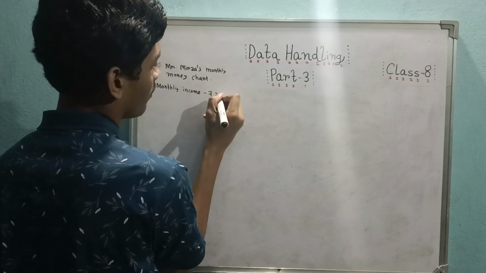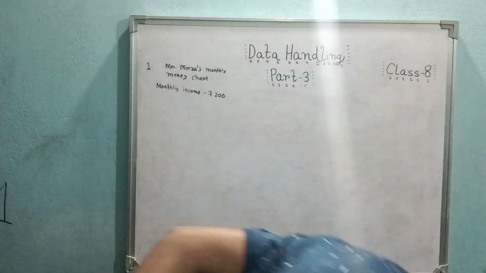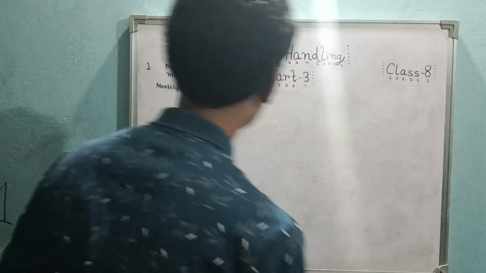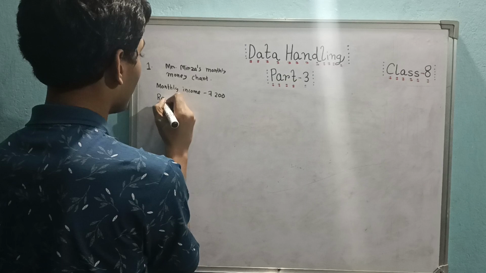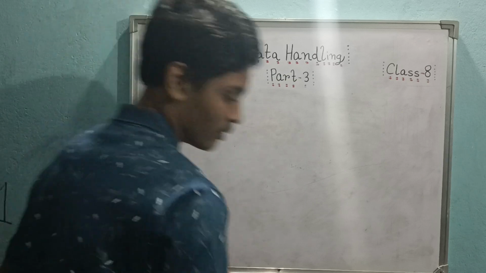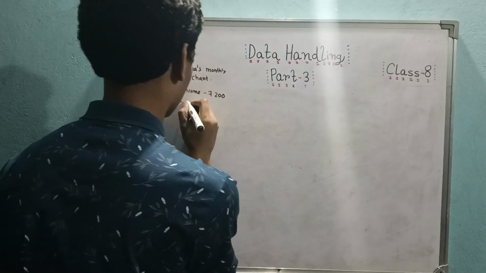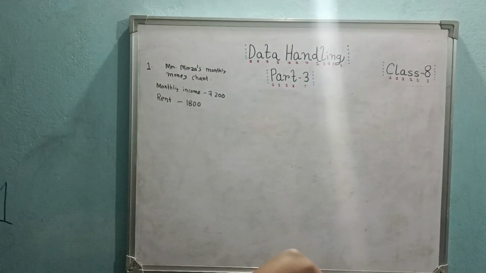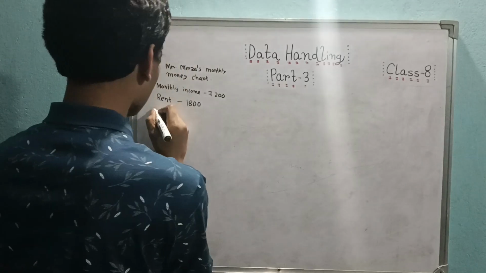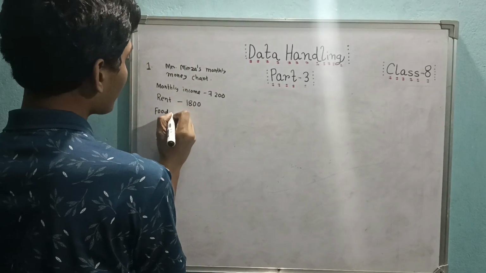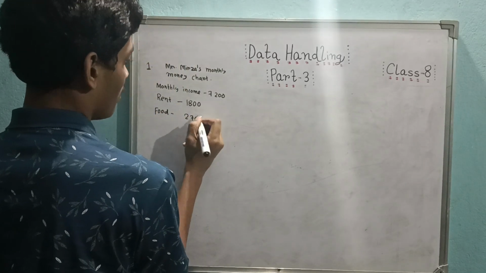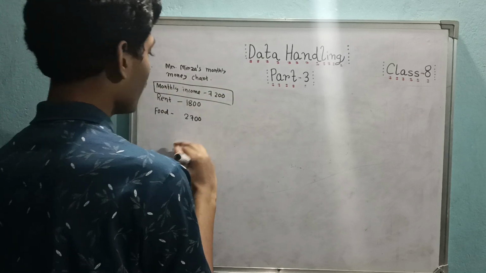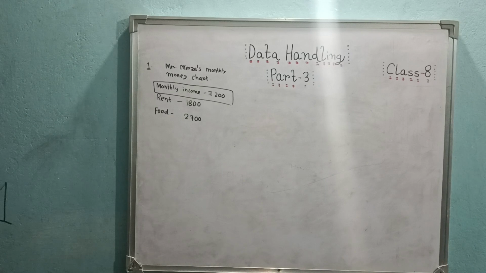From this 7,200, on rent he spends 1,800 rupees. Well, he's in a rented house. And on food, obviously we need food to survive, he spends rupees 2,700. This is his total monthly income from which he is spending these values.